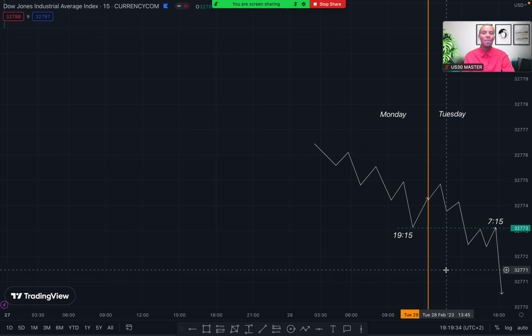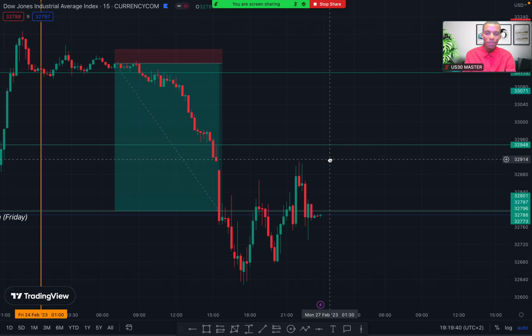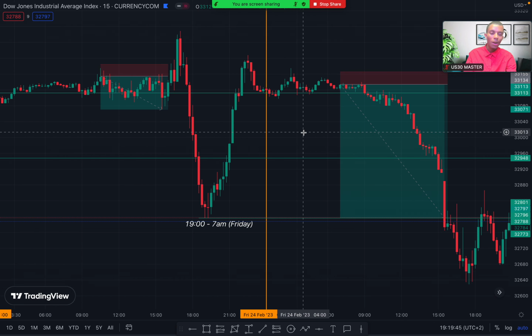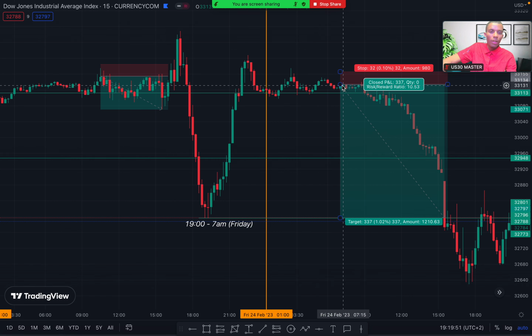This is just a template of what I'm talking about, but let's look at the market and how to get those proper entries. So this is an entry for Friday. How did I get an entry for Friday?